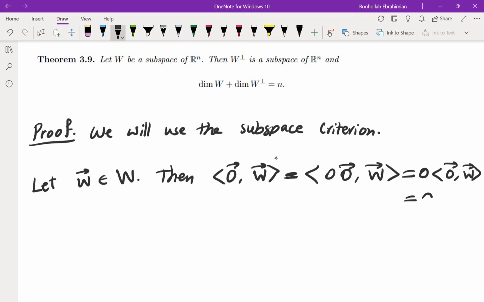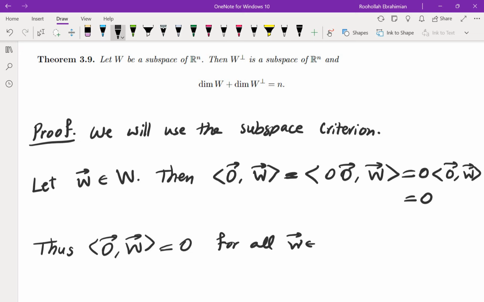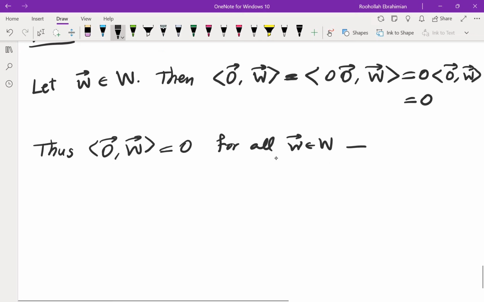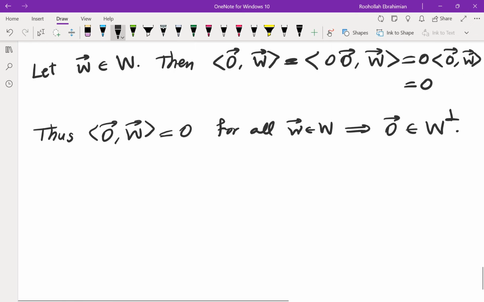So that just gives me 0. So this means the inner product of 0 with w is 0 for all w. What does that mean? It means 0 is in W perp because the inner product of 0 and everything in W is 0. So that shows the first condition.